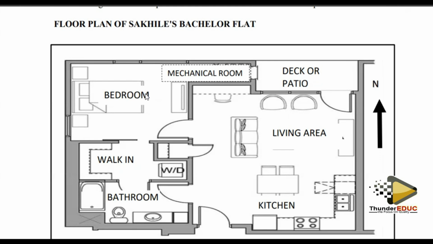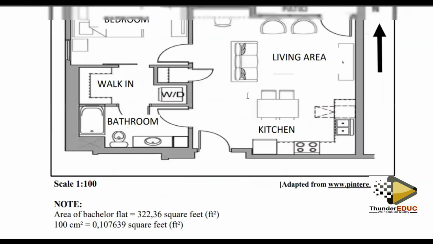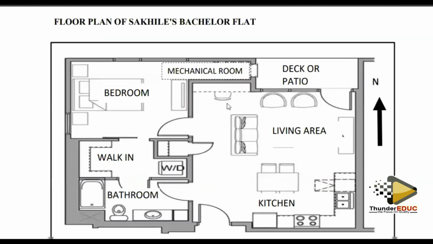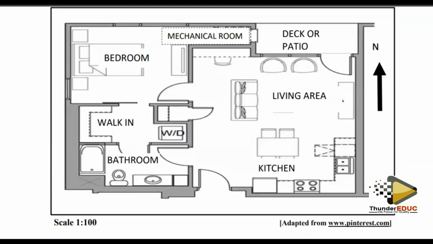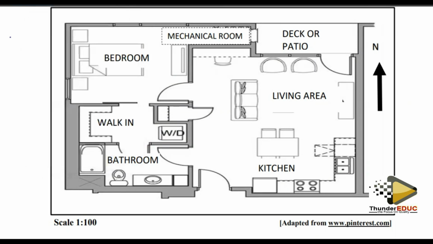All right. Question number 4.1.4. Write down the number of doors which open into the living area and the kitchen. They open into. So here we shall say we have one.